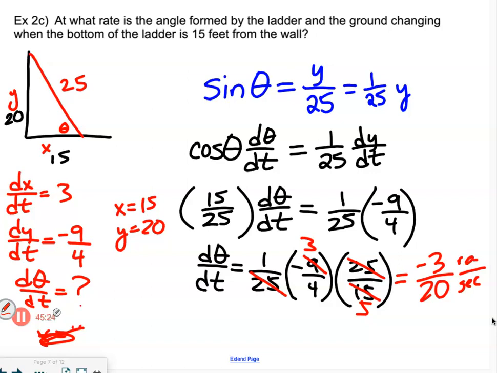Even if we don't give you units like we didn't, it naturally falls out into radians. It's all based on the fact that radians are a natural angle. So anyway, -3/20 radians per second, which means this angle is getting smaller as the bottom of the ladder goes out. Does that make sense? Yeah, okay.